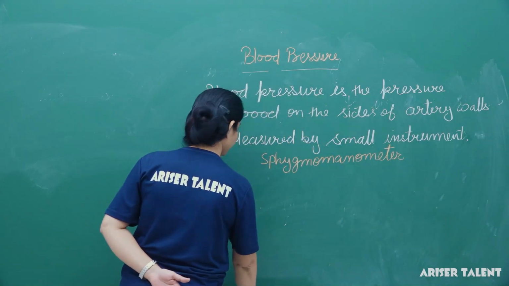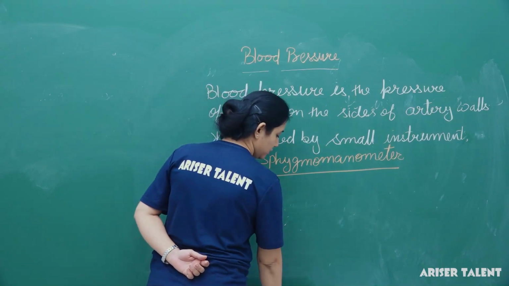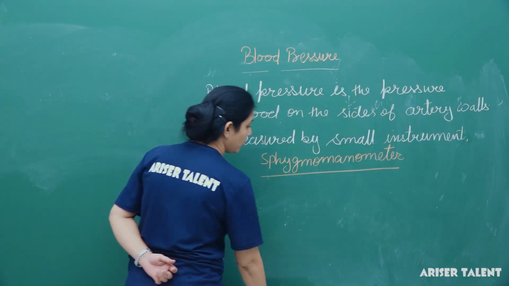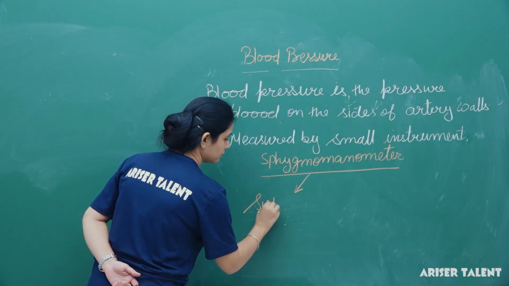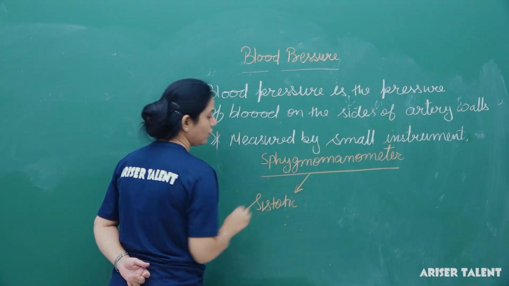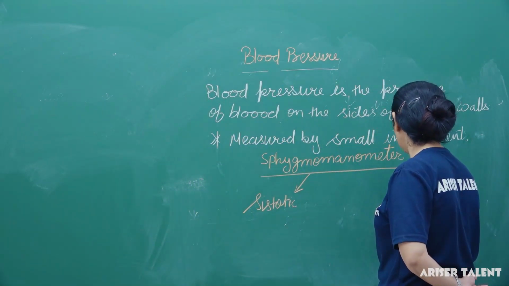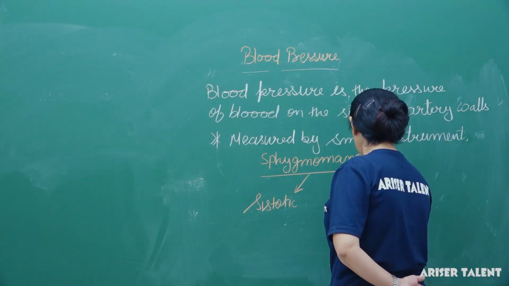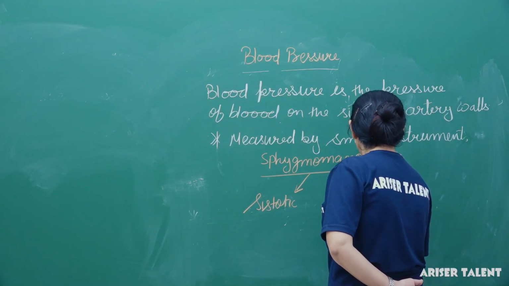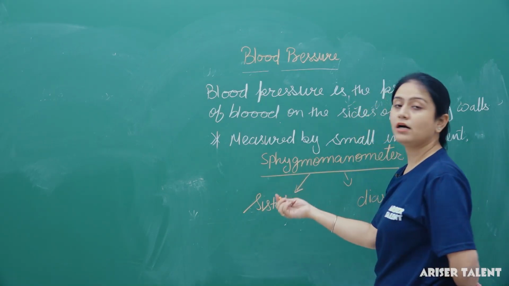Sphygmomanometer. Generally there are two units to measure it. One is systolic and another is diastolic. Systolic means the top number.